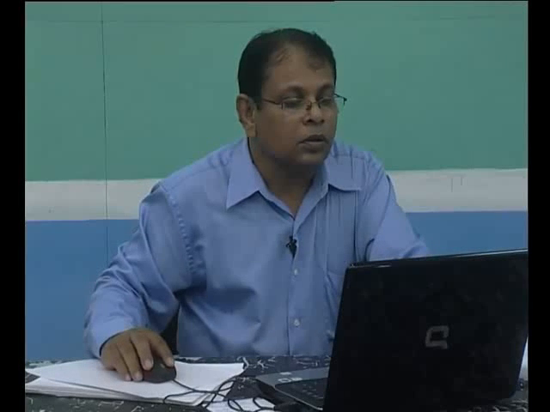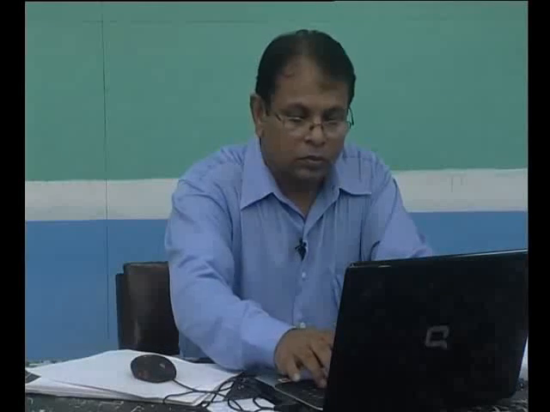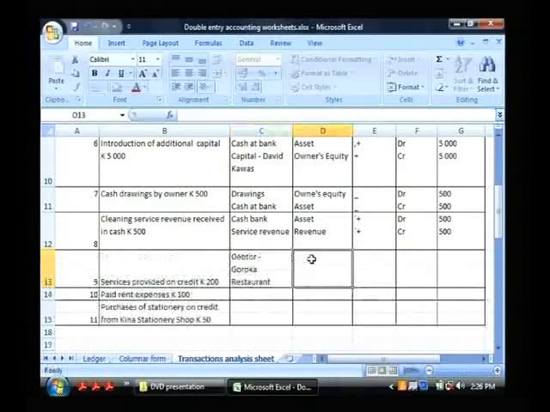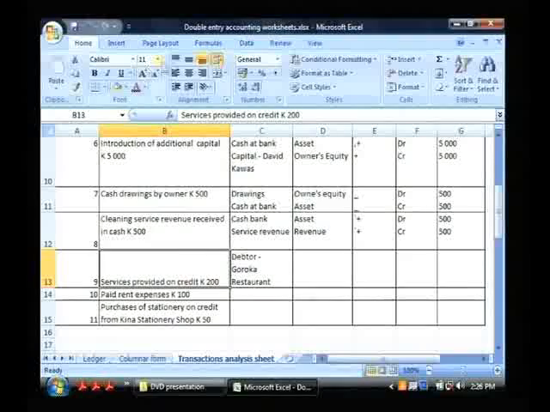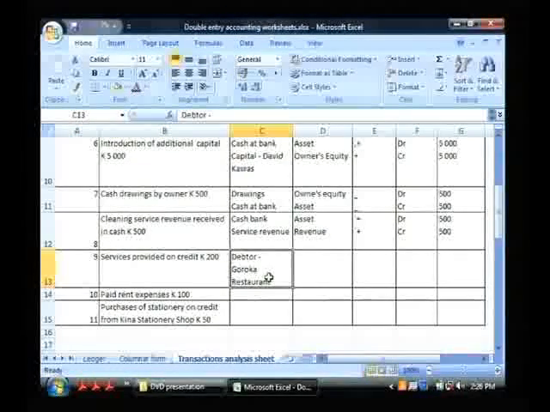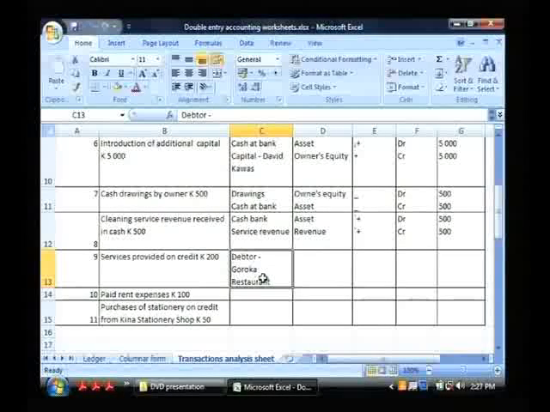And also remember, debtor is an asset. It is recorded as an asset.